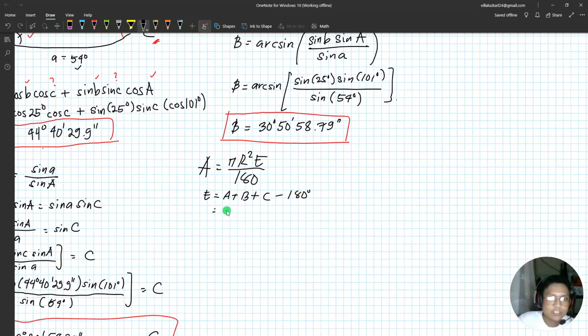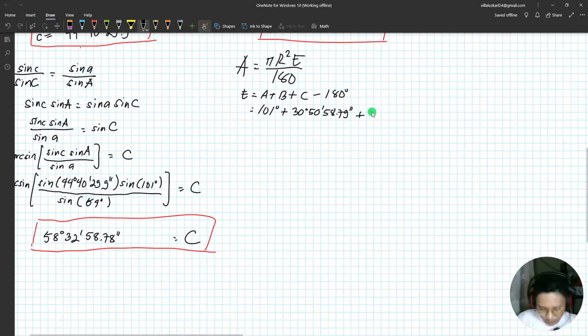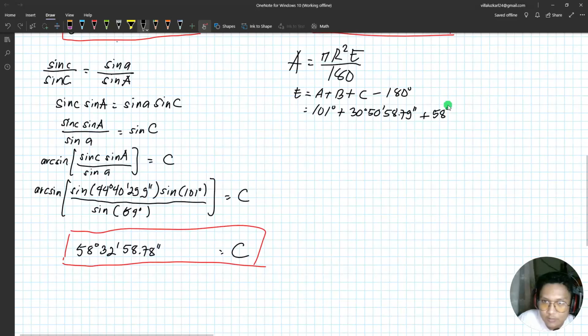So just copy the interior angles: B, 30 degrees 50 minutes and 58.79 seconds, plus 58 degrees 32 minutes and 58.78 seconds.